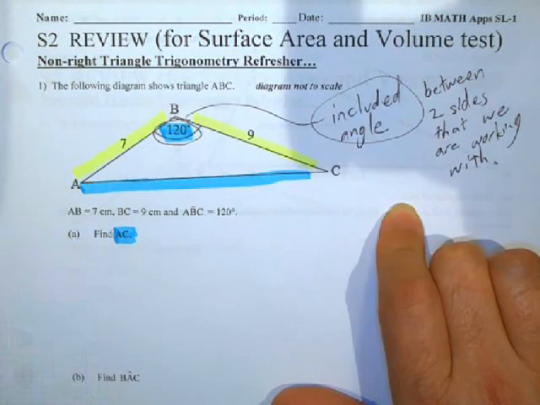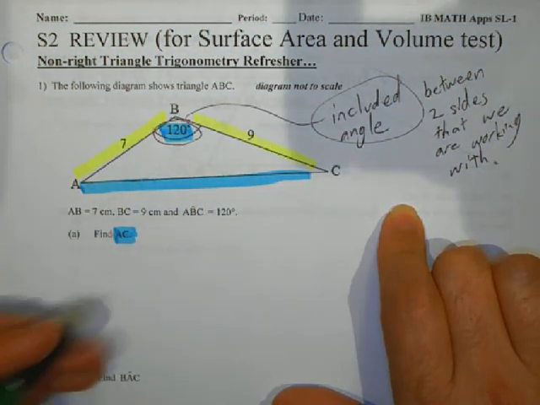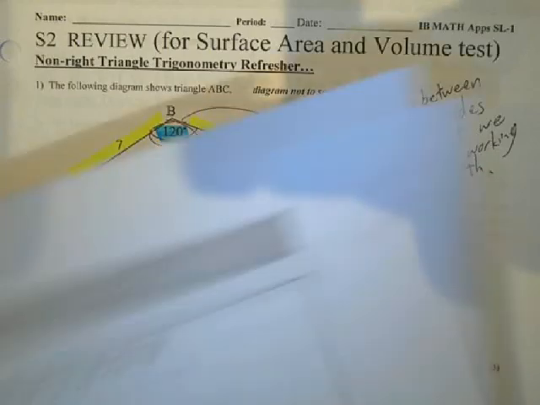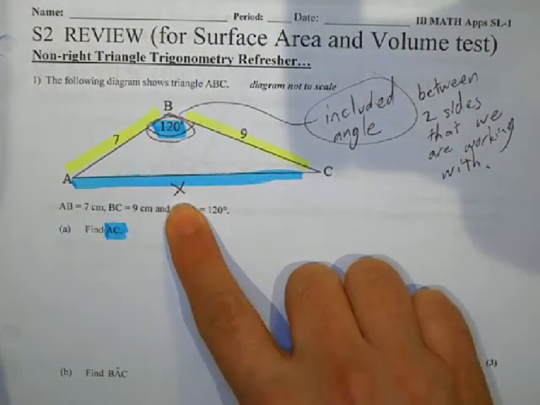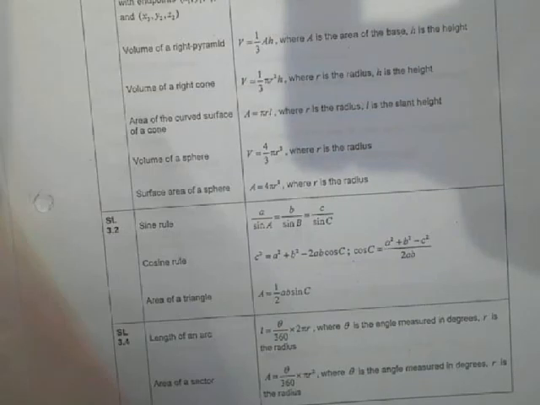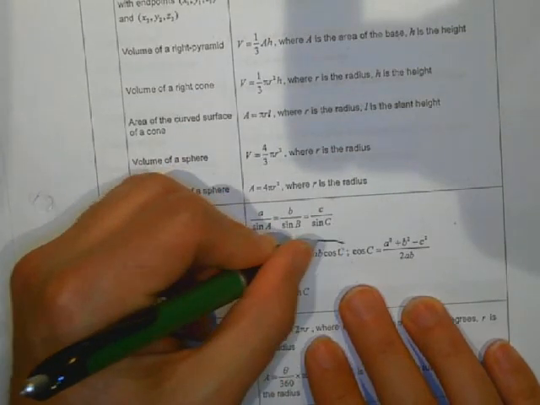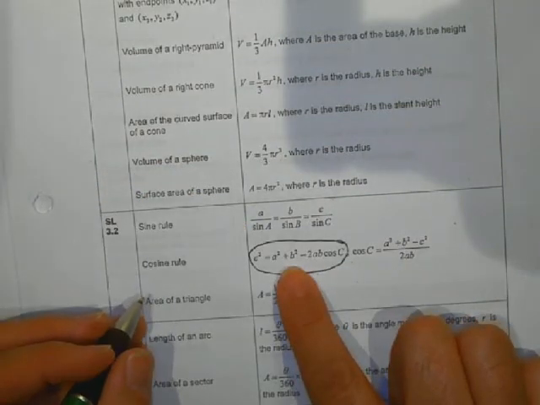So we're working with the two yellow sides, and we've got the angle in between. So we're going to be using the cosine rule, and we're trying to find a side length. If we're trying to find a side length and we're using the cosine rule, we're going to use this first formula because this helps us find the side.